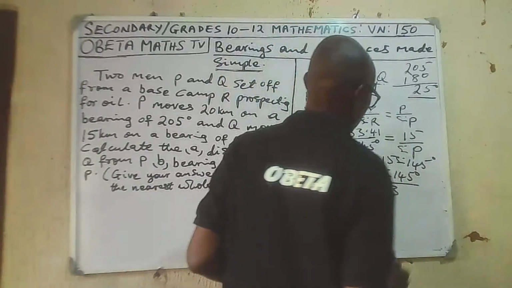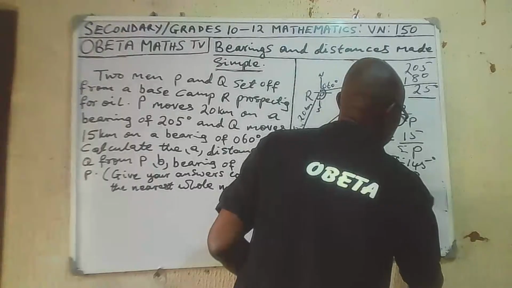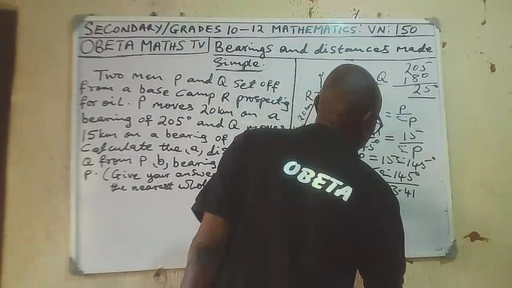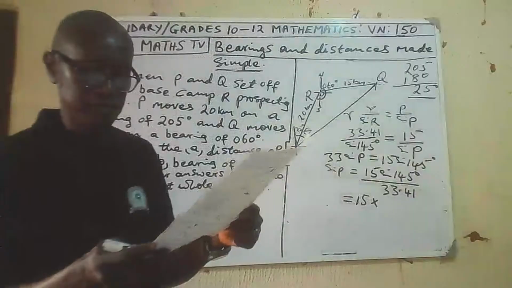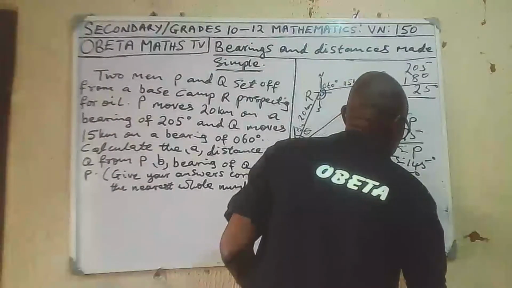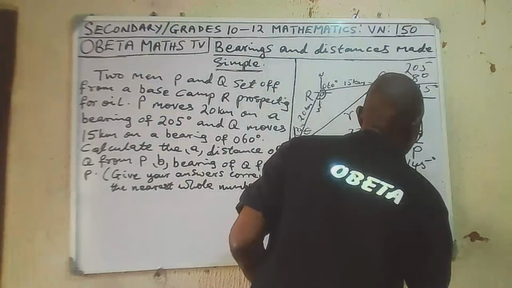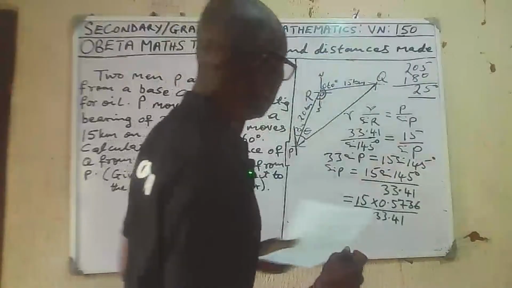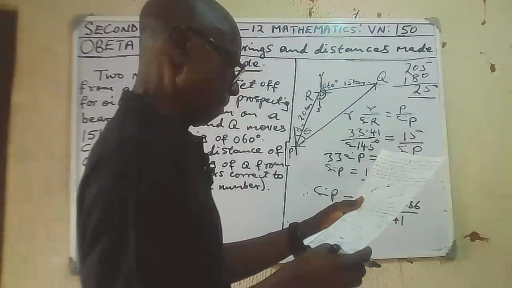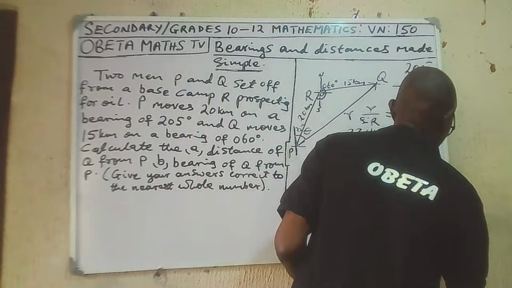Okay. So let's continue. This one will give us 15 times sine 145 is 0.5736, which gives 8.604.